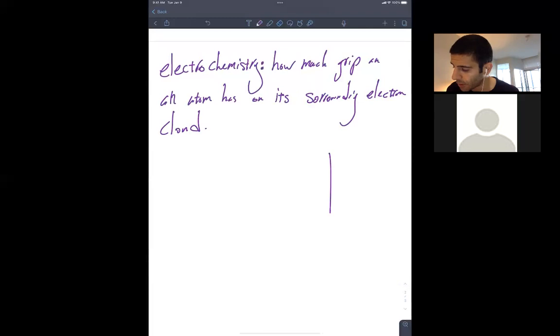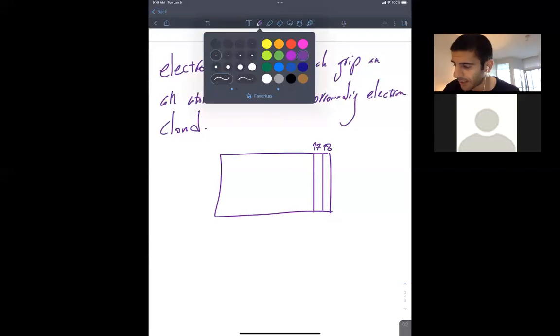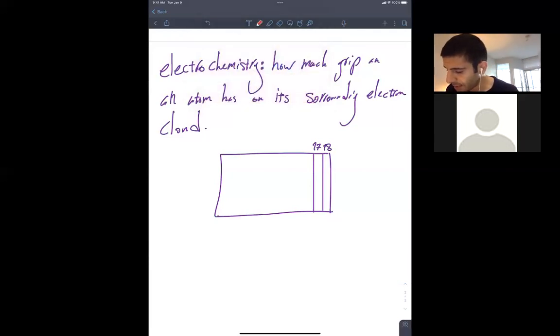So if this is group 18, which is all the noble gases, and this is group 17, which is all the halogens, the trend is it increases from here to here. So what does it mean?